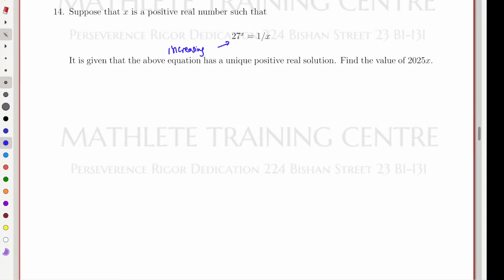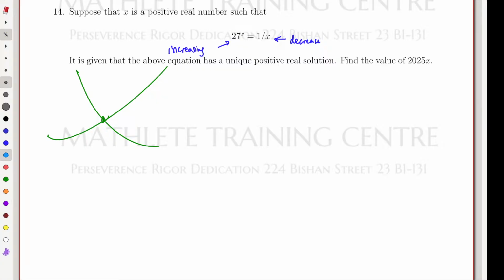As x increases, this will become bigger and bigger. Meanwhile, 1 over x is a decreasing function. As x increases, 1 over x will decrease. So you want to find some intersection where the increasing one meets the decreasing one.